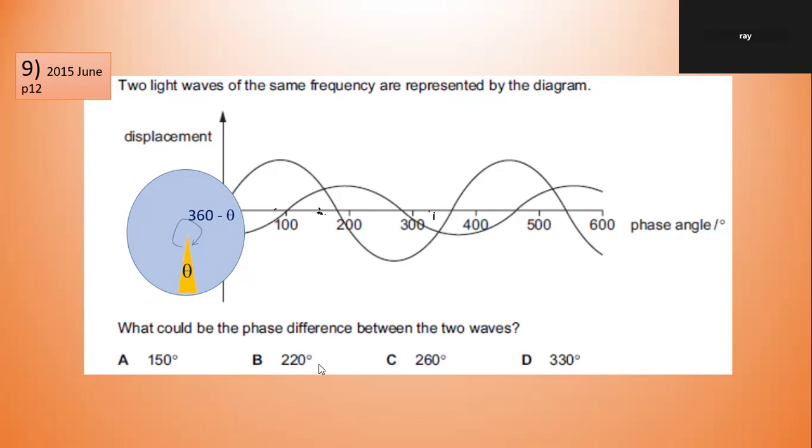And look at the corresponding point. This is the wave, this is the wave going up. So from these two, the difference is about 100, 200, more than 250. So 260.